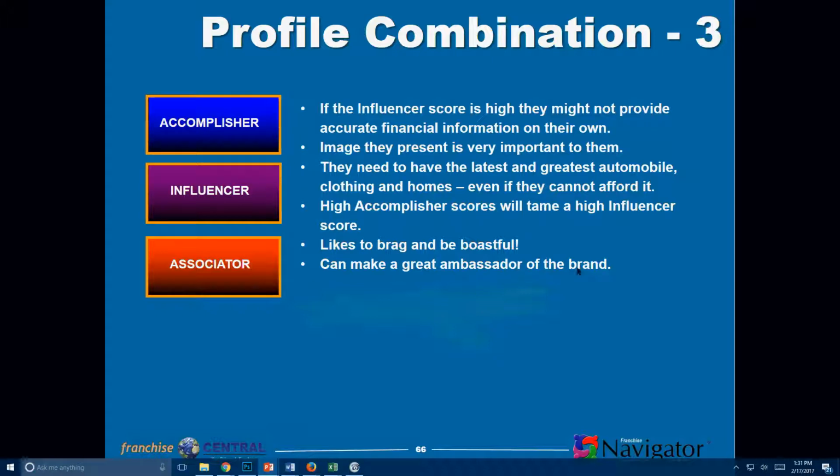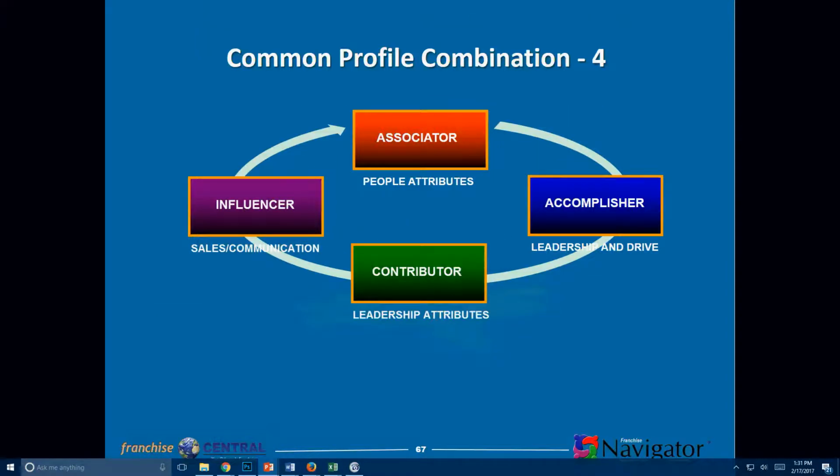The high accomplisher scores will tame a high influencer score, but they're braggarts. They like to boast. They can make a great ambassador of the brand if they'll abide by the parameters. Now, the fourth one is the associator, the dominant associator, accomplisher, contributor.